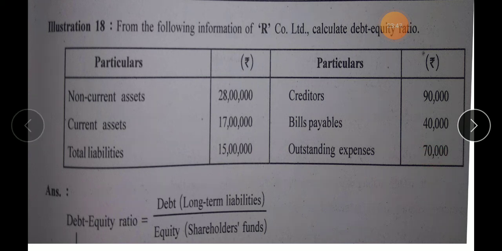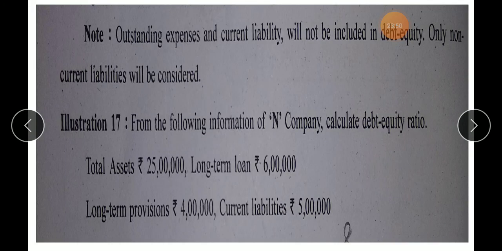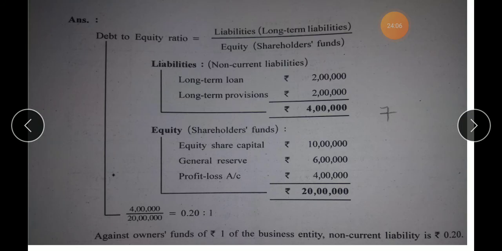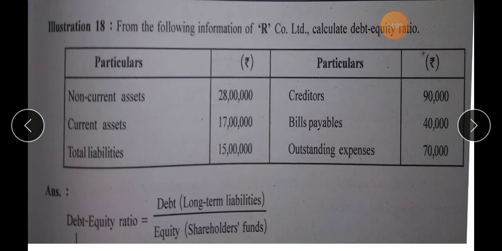We need to apply a note that we have understood here. When in the question total liabilities are given, you will deduct current liabilities from it. Total liabilities are given. Now if you want to obtain non-current liabilities, you will have to deduct current liabilities given here. Hope you know the difference between non-current and current liabilities.